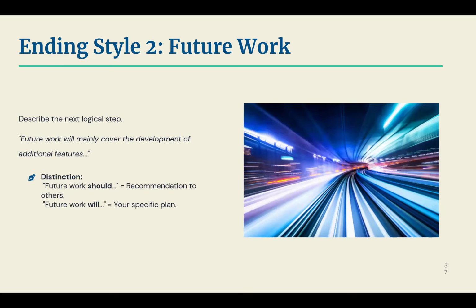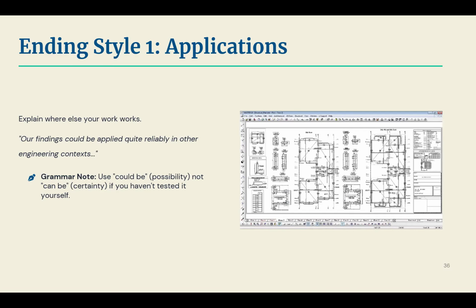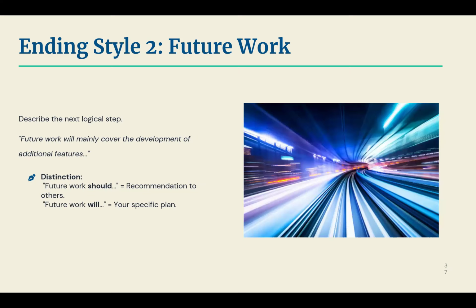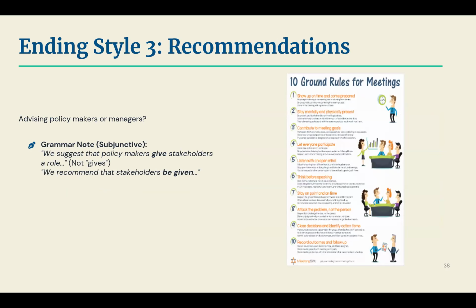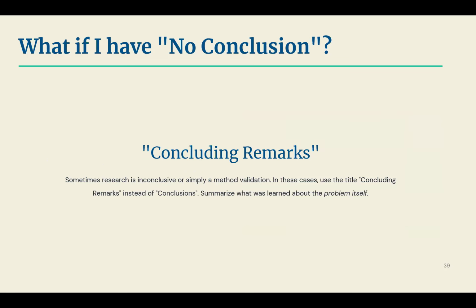The first style of ending your conclusion will be giving hints about applications of your particular research. The second style will be indicating future work. The third style will be giving recommendations to different stakeholders on what should be done in line with your research, right?